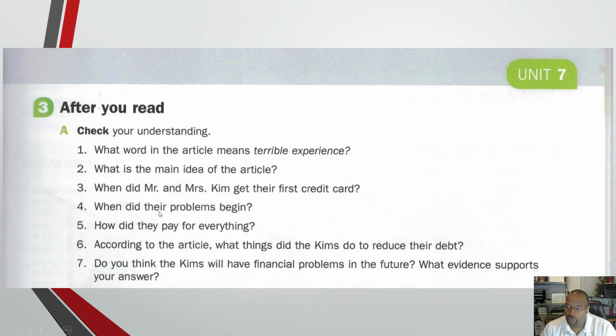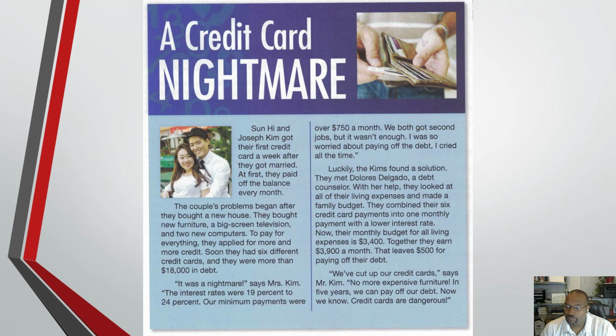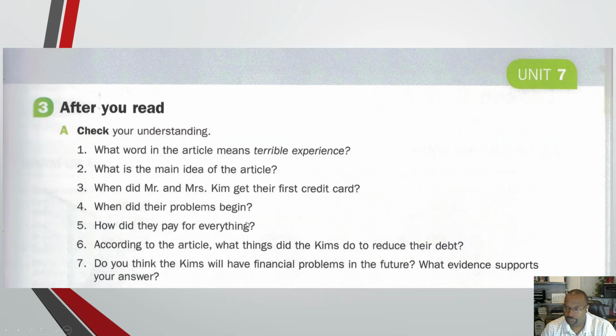Number 4, when did their problems begin? Their problems began after they bought a new house. I got that here. This is where I read that. The couple's problems began after they bought a new house. Number 5, how did they pay for everything?